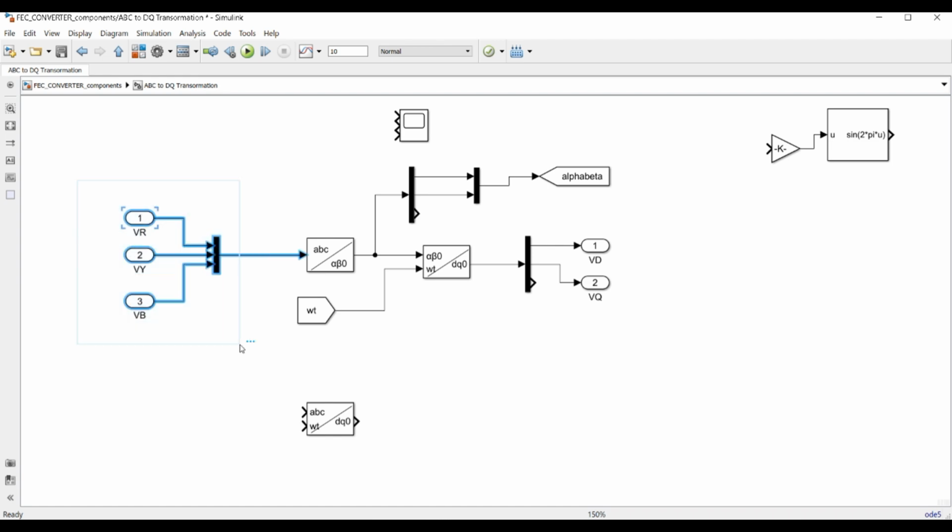So I will be copying this whole part. This is IR, this is IY, and this is IB.